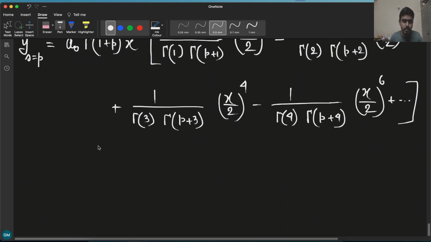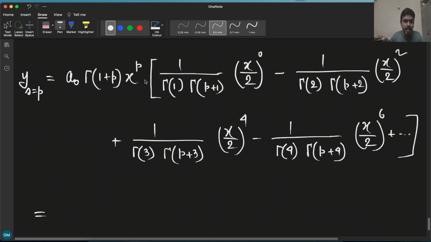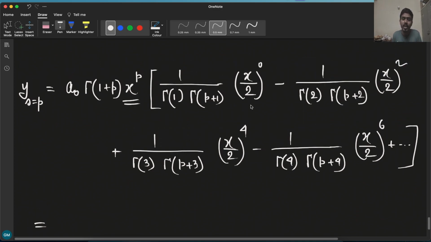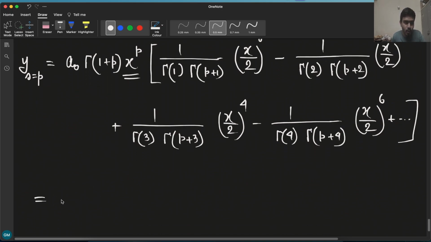Now what I can do is take this x to the power p inside this bracket and multiply it with each and every term, and I can also divide it by 2 to the power p, and then keep a 2 to the power p outside. So I can write a 2 to the power p here, then a0 gamma of 1 plus p. In that case it will be x by 2 whole to the power p, and I will take this whole x by 2 whole to the power p inside this bracket.